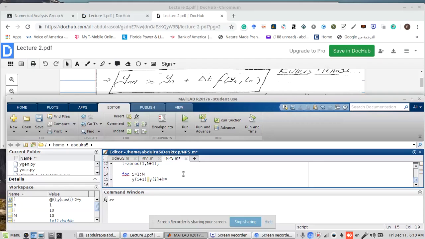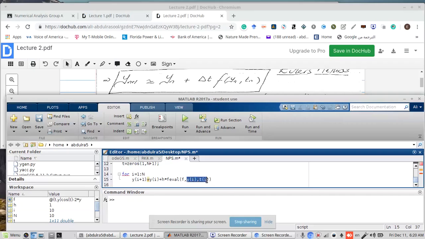In order to evaluate f, here is the command in Matlab. I write f, which is this function, and since I have y and t, let's write y and t in the same order.